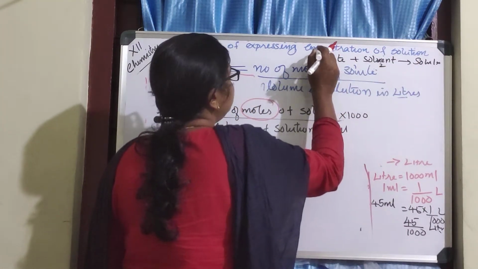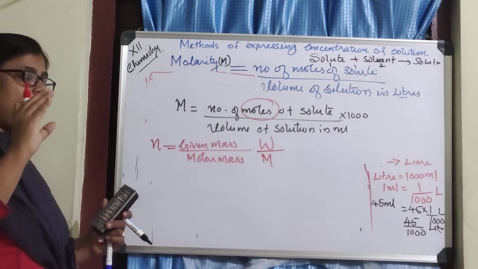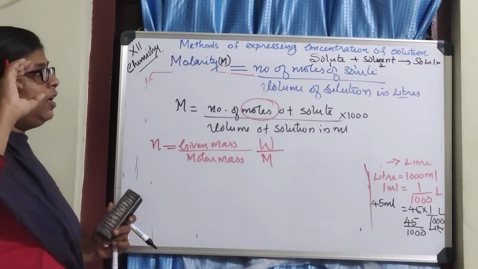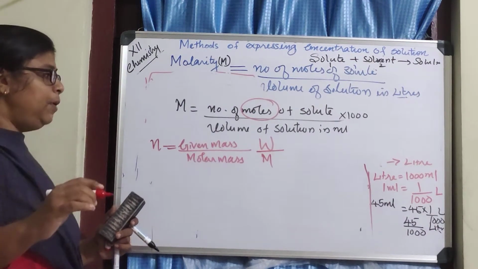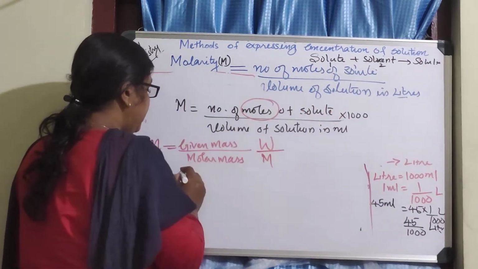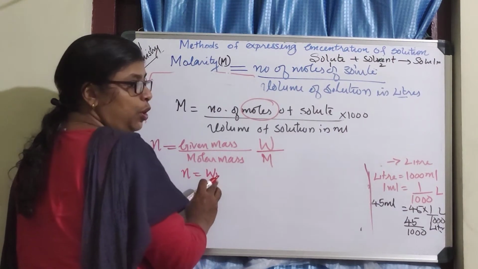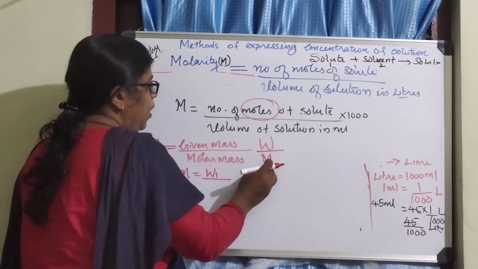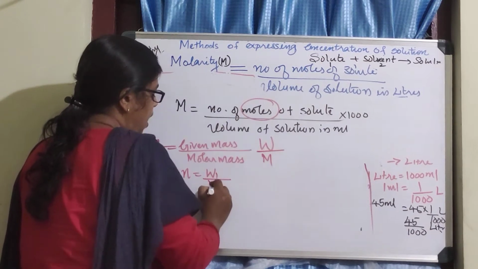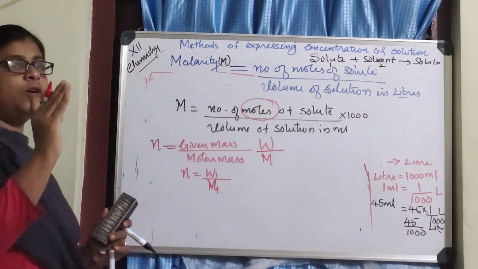So mass of solute, molar mass is taken as M1 and given weight is taken as W1. So number of moles of solute, how can we rewrite this? N is equal to W1, weight of the solute, by M1, molar mass of solute. W1 by M1, that is number of moles of the solute.